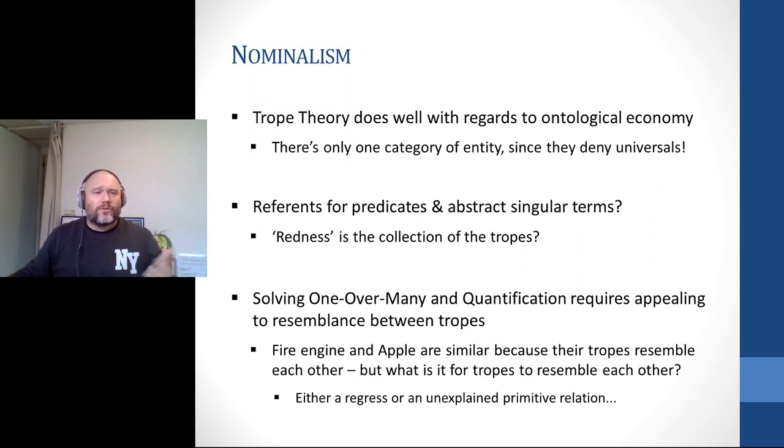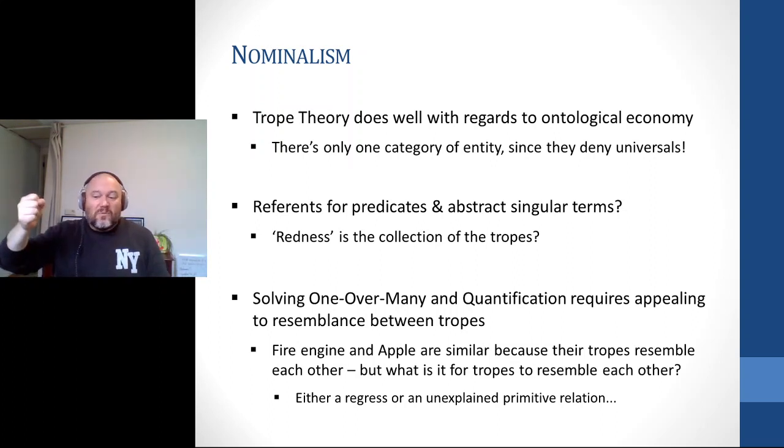Alternatively, our trope theorist could say, oh no, resemblance is just a brute primitive relation. It doesn't need explanation. The resemblance of the fire engine's redness trope and the apple's redness trope, that's rock bottom, that's primitive. The problem with this kind of response is, well, frankly, if we can do it with resemblance, why did we need any of the tropes to begin with? Why couldn't we have just said, being red is fundamental?